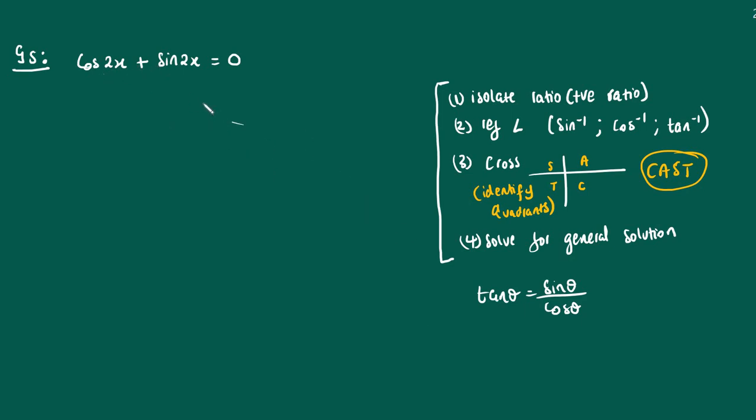So if I want to get sine over cos, I will take the cos to the other side. So I'll just leave sine 2x alone. So cos must always be on the right. You understand me? Cos must always be on the right so that you can divide by it. Please, let's remember that.